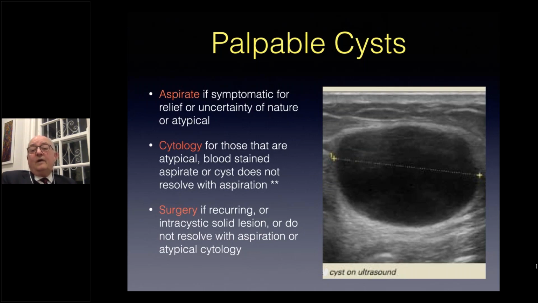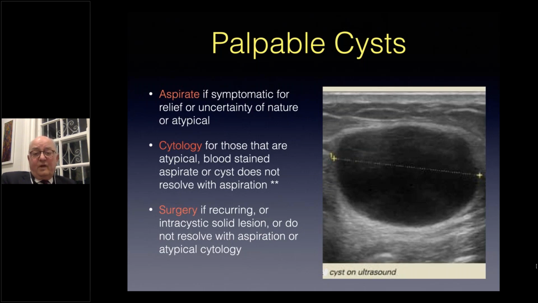The question then is, how do you follow these up? Initially, I used to get everybody back after 6 weeks, but I stopped that after some years into my practice. And now, if I'm comfortable that I've got a normal benign cyst and it's completely aspirated and there were no atypical findings, I ask the patient to come back if they feel the cyst again and it's bothering them.